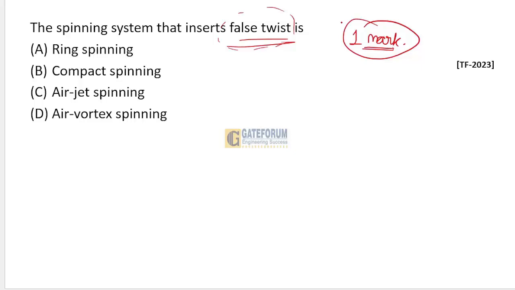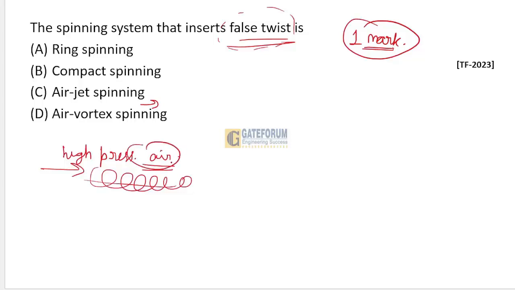So the options are ring spinning, compact spinning, air jet spinning, and air vortex spinning. Air jet spinning uses a high pressure air stream to wrap fibers around each other to form yarn. The high pressure air stream is used to insert the false twist into the fibers while holding the fibers together.